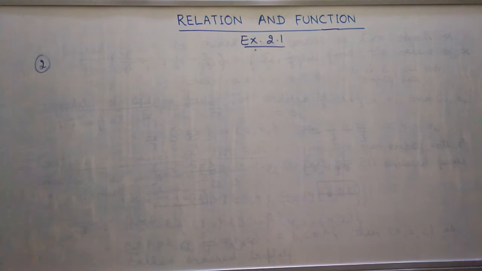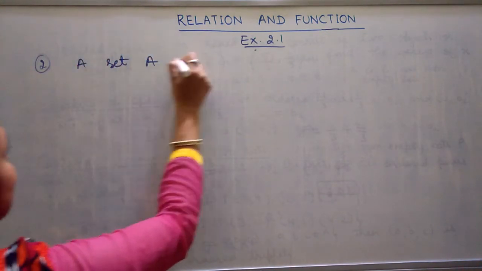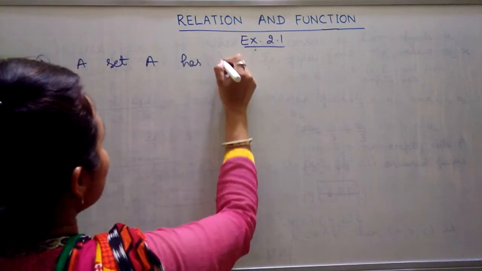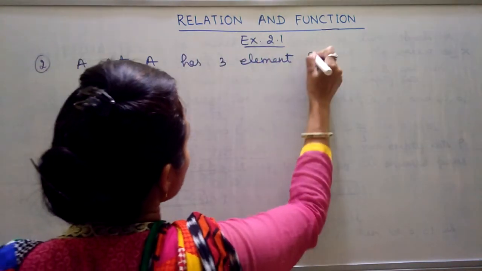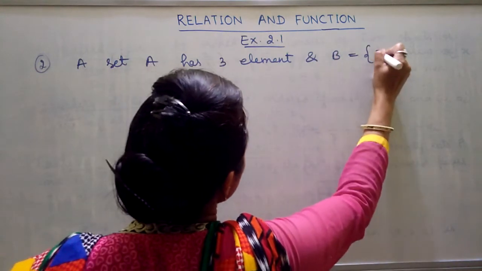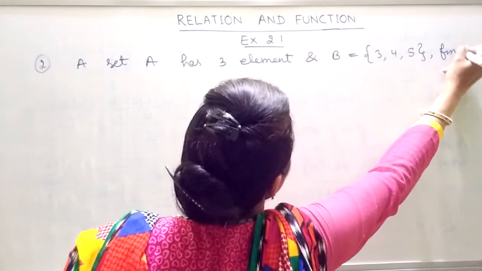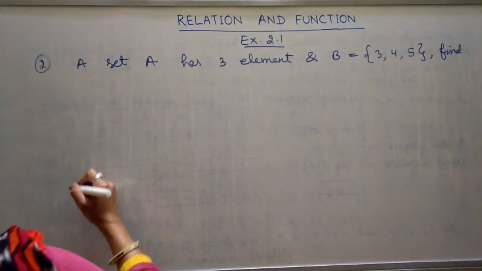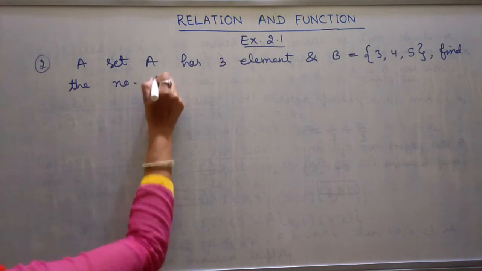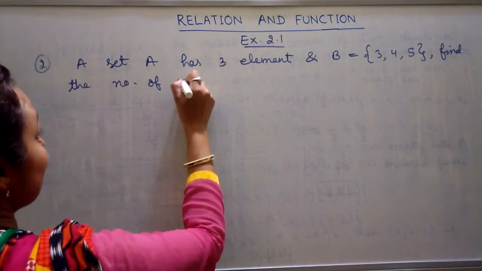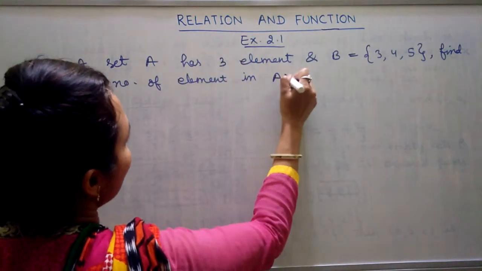A set A has 3 elements, and B is equal to {3, 4, 5}. Find the number of elements in A cross B.